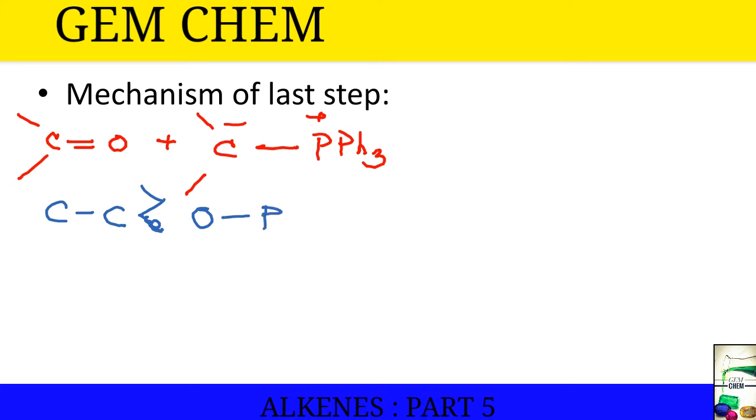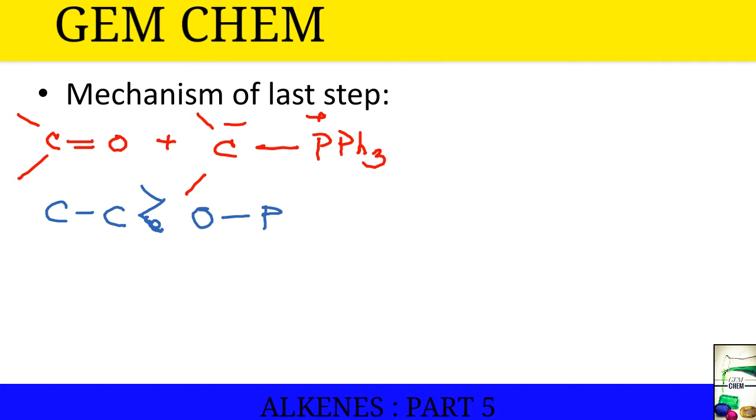Oxygen-phosphorus bond formation is very important, and whenever oxygen and phosphorus are present, they will bond with each other rather than carbon-oxygen. This phosphorus-oxygen bond formation causes the lowering of pi orbital energy, and the bond energy of phosphorus and oxygen is very high.